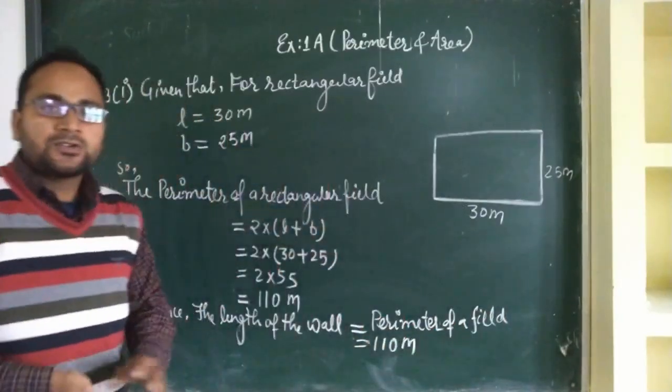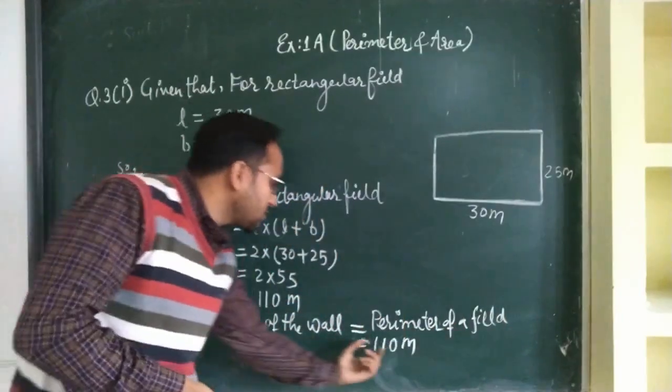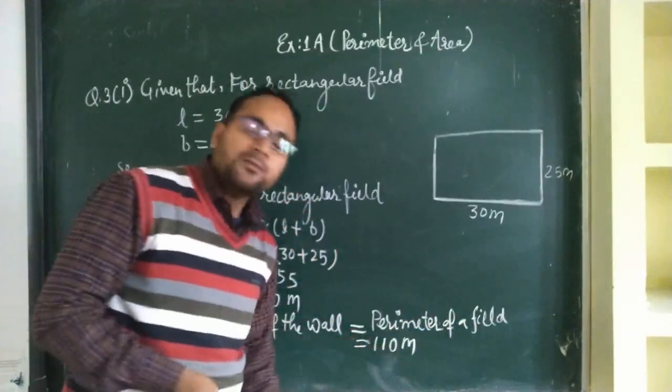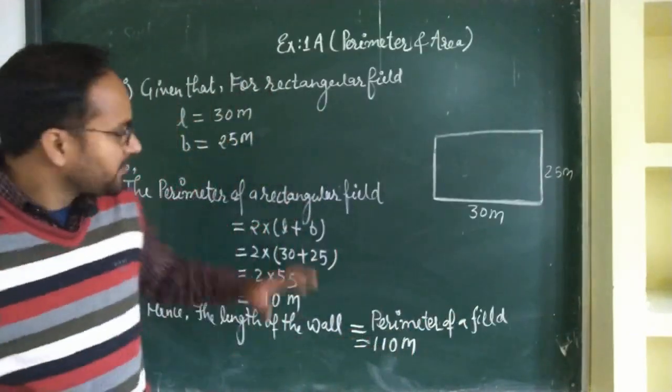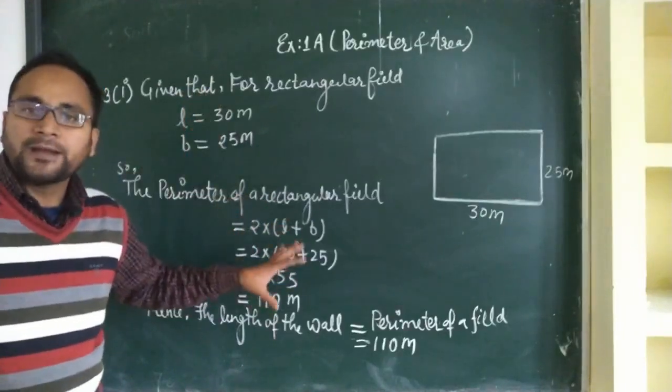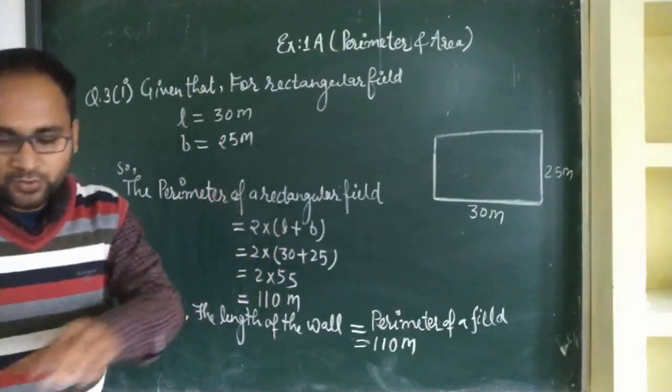So this is the total length of the wall, equal to the perimeter of the rectangular field, and it is 110 meters. So whatever is given, first you write that, and then according to it you will find the solution of your question.